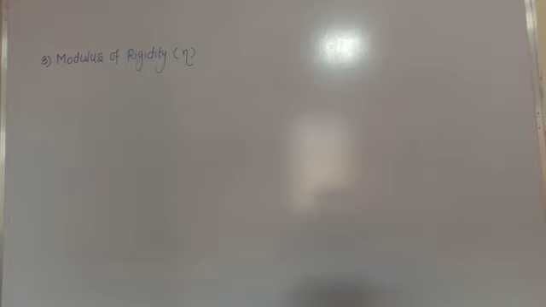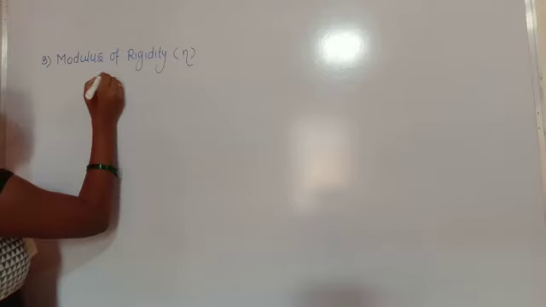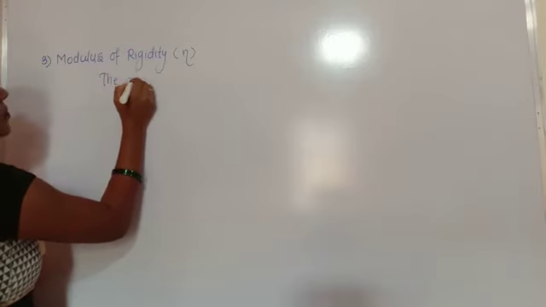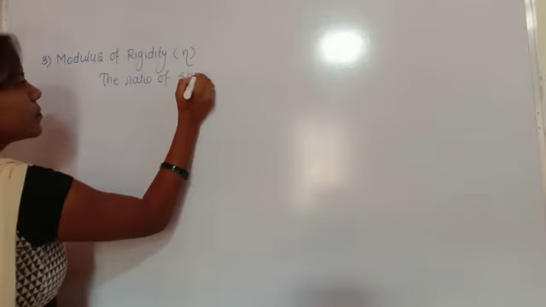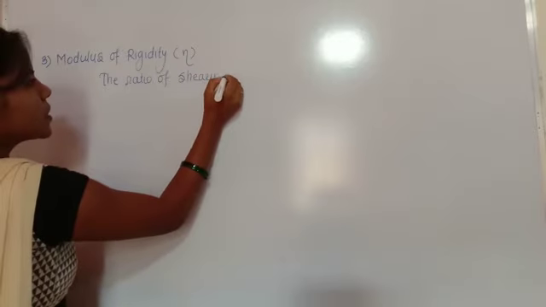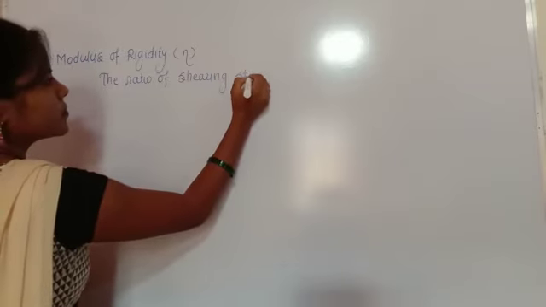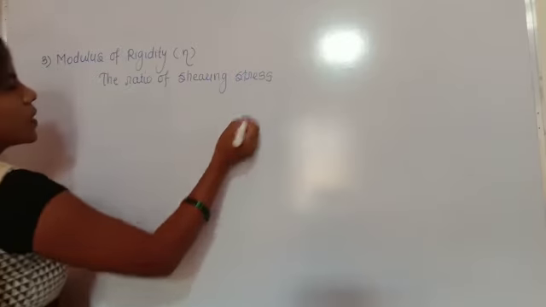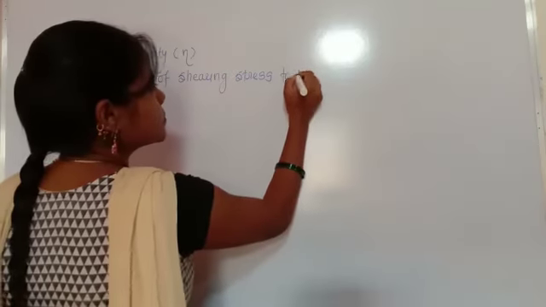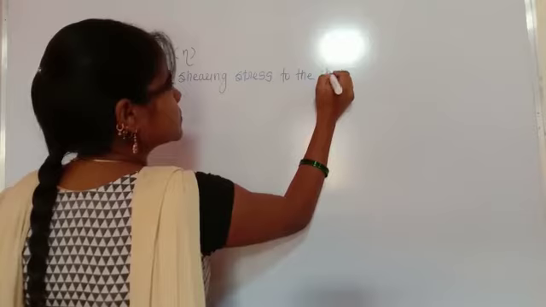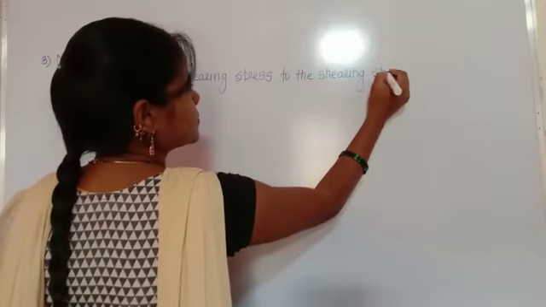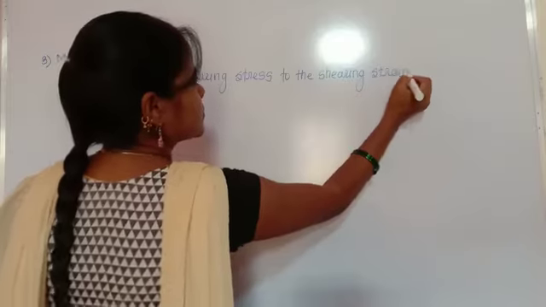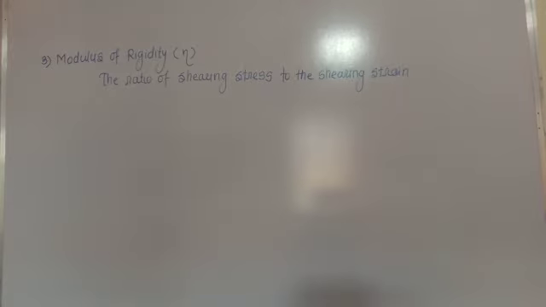The ratio of shearing stress to the shearing strain is called the modulus of rigidity.